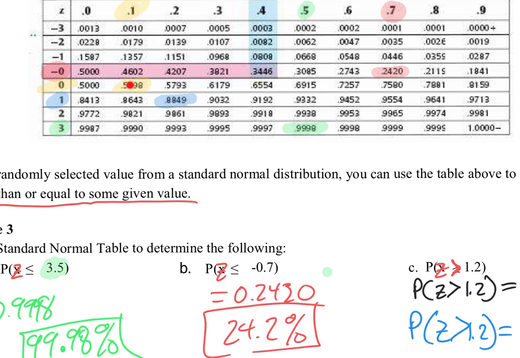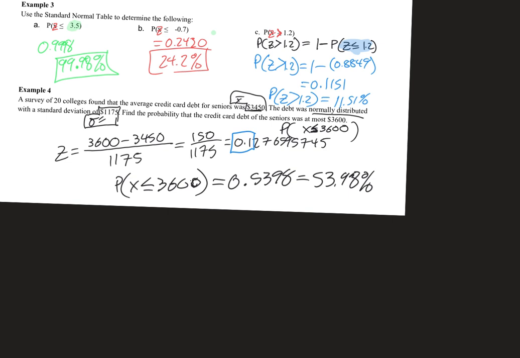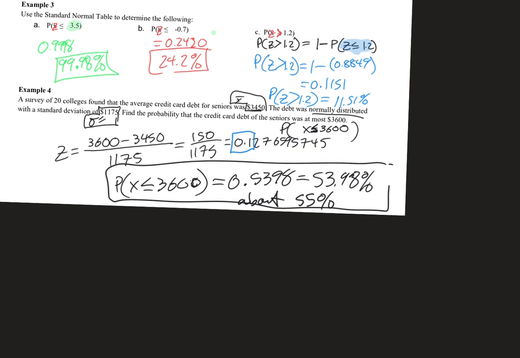Since it's a little bit more than this and a little bit less than this, and closer to this number, we could also just do an estimation and say it's about 55%. It's a little bit more than this number, which is right at 54, but not quite to 0.2 yet. So I would just say it's about 55%. Both of these are fine answers. We're just approximating here. We don't have a specific value because our z-chart can't be that specific, but we're using that chart to help us.